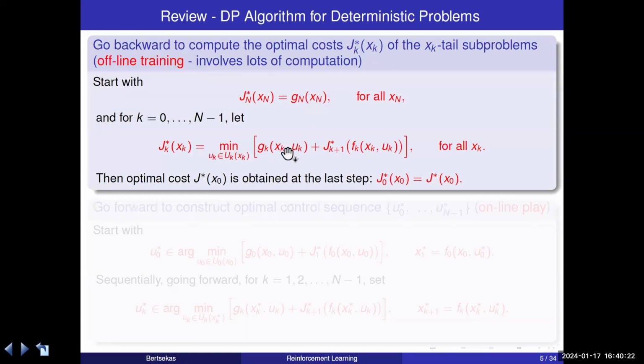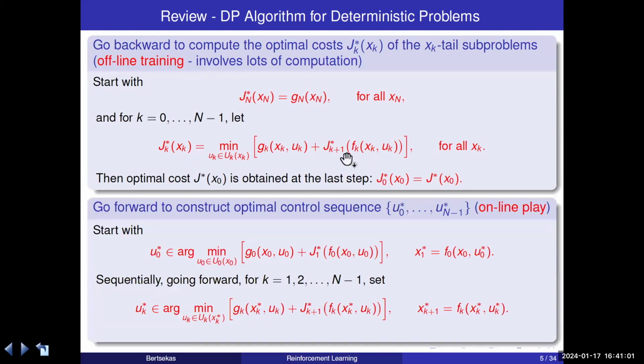We'll go one step back according to this equation by minimizing the sum of the next stage cost plus the optimal cost of the next tail subproblem, which we have computed because we're going backwards. So from Jn star, we go to Jn minus 1 star, Jn minus 2 star, and so on, all the way to J star 0. At that point, we have the tail subproblem, which is just the original problem. So we have gotten J star, the optimal cost function of the problem.